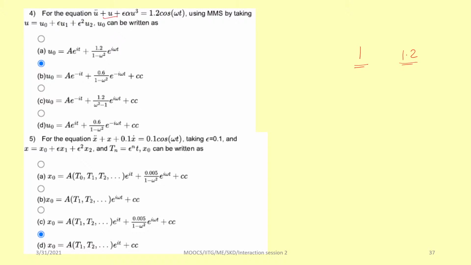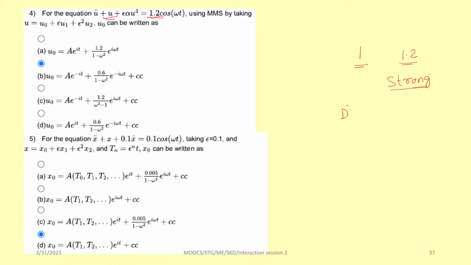Here the coefficient is 1 and here the coefficient is 1.2. As they are comparable, it is not of the order of epsilon. So here you have a strong forcing term; the forcing is strong in this case, it is not weak forcing. As you have a strong forcing term, in the first equation itself you will have this term.